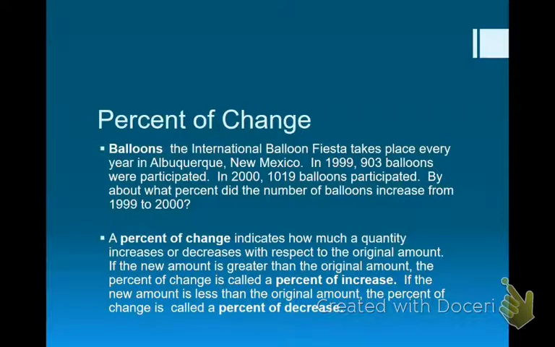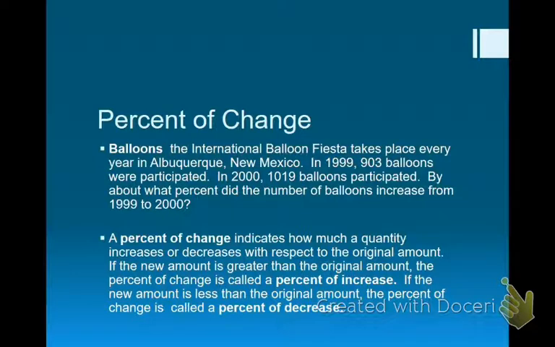Let's read this top scenario now and use our formula to figure out what the percent of change is. If you picture this, I think it would be kind of cool. There's probably a picture in your textbook. Let's read the example. The International Balloon Fiesta takes place every year in Albuquerque, New Mexico.